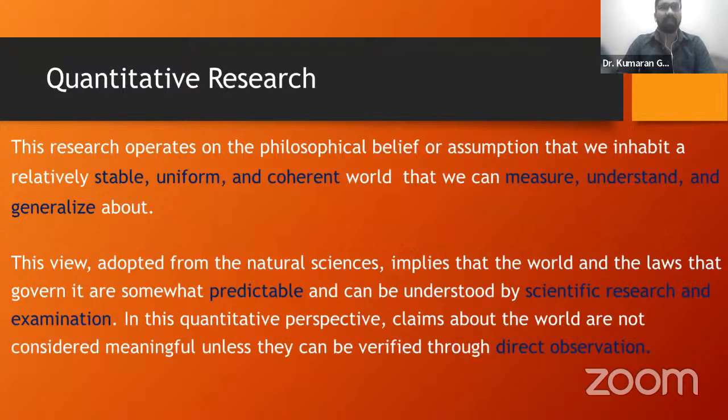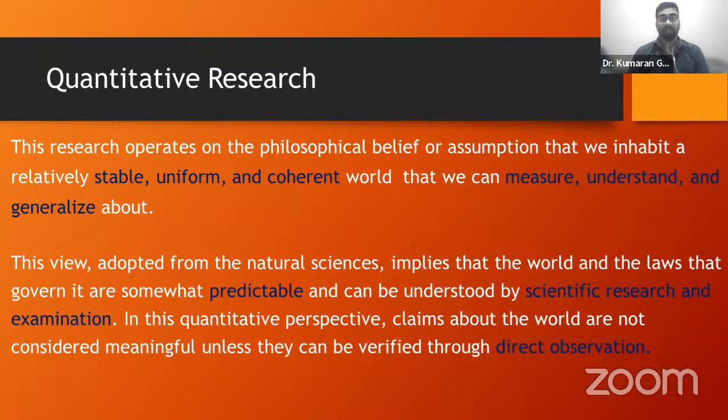Not only that, the research operates on the philosophical belief or assumption that we inhabit a reliable, stable, uniform, and coherent world that we can measure, understand, and generalize about. This view, also adapted from the natural sciences, implies that the world and the laws that govern it are somewhat predictable and can be understood by scientific research and examination.